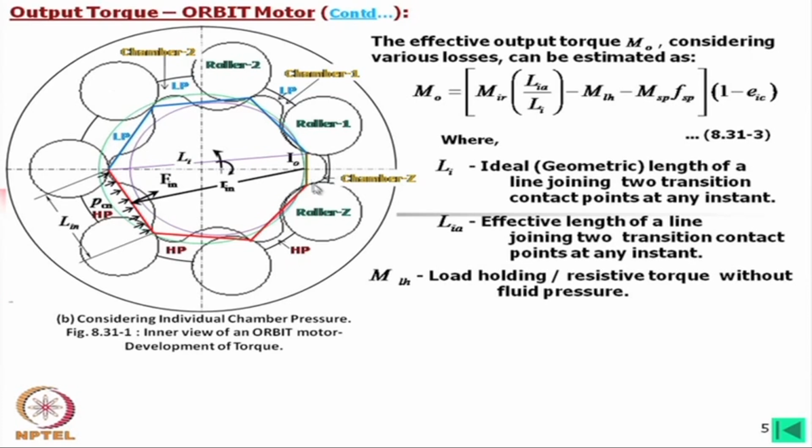Even if we consider the ideal fit, there may still be some frictional resistance to move this rotor. So, that is why we find that initially, to start the motor, you need some pressure just to rotate without any load. That you may consider the load holding torque.